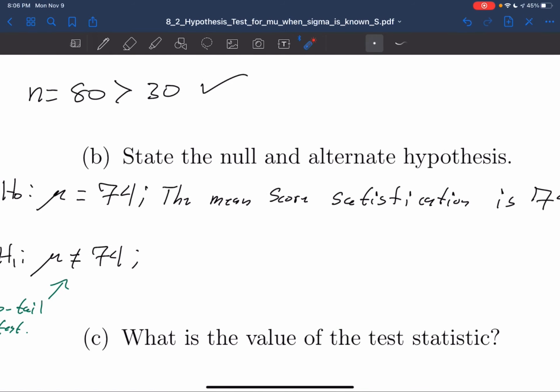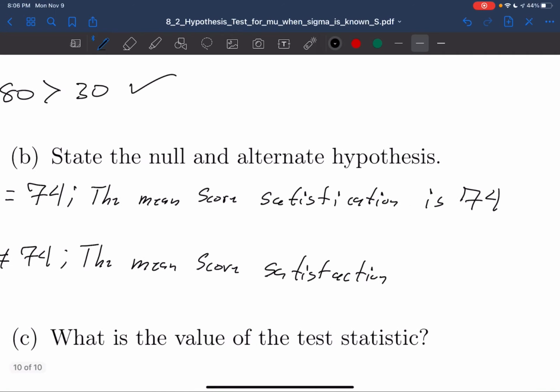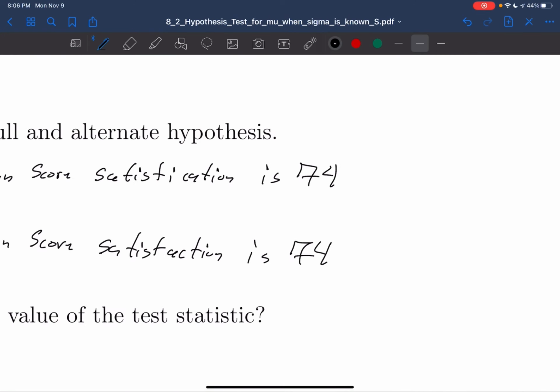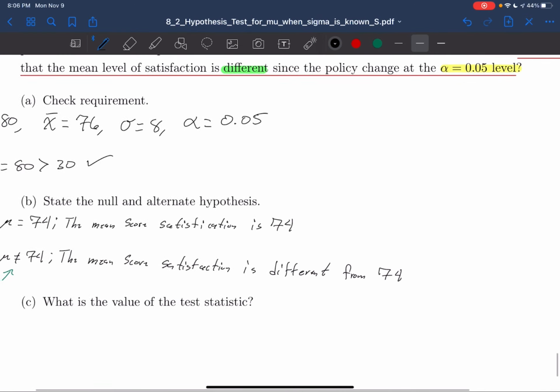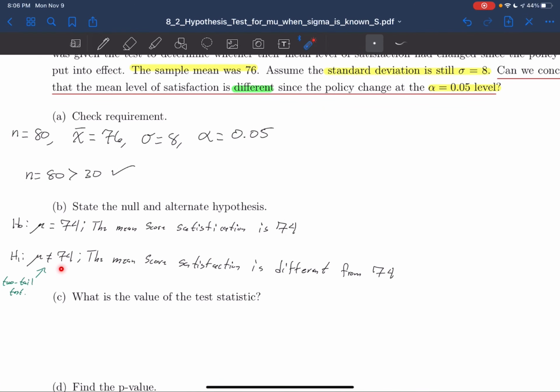So we could say that the mean satisfaction score is different from 74. So we don't know if it's greater than or less than 74. It's just saying that the mean satisfaction score is going to be a different number.